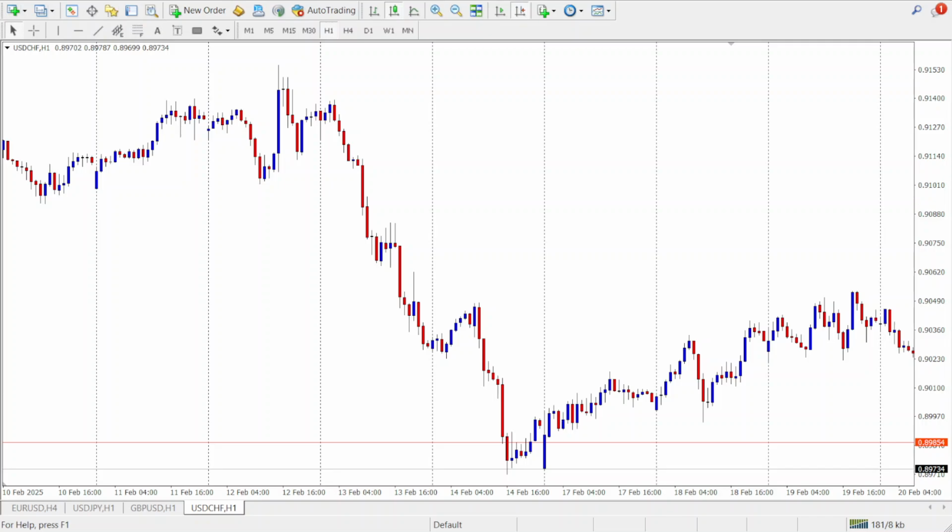First things first, let's talk about what scalping actually is. Scalping is a day trading strategy that focuses on making quick trades to profit from small price movements. Traders who scalp typically open and close trades within a very short time frame, often within minutes or even seconds.